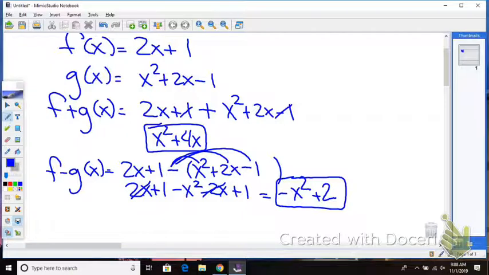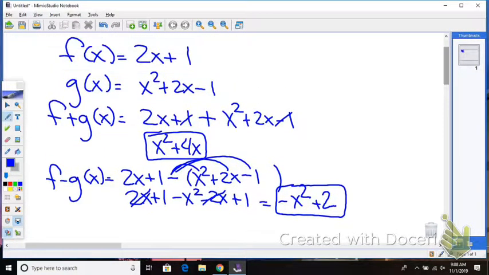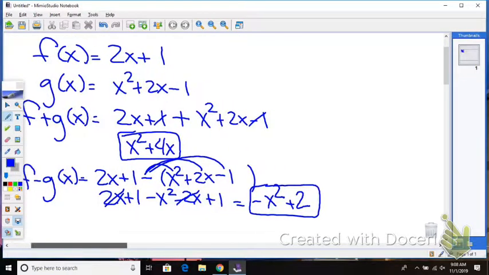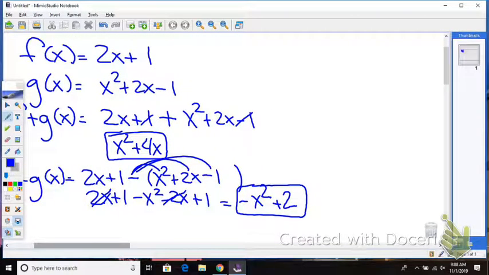Easy enough? Okay, and let me look at your other example. If I then told you, which I'm not sure if your homework has this, but I know you're going to see something like this. Let's say I had f plus g of 3.